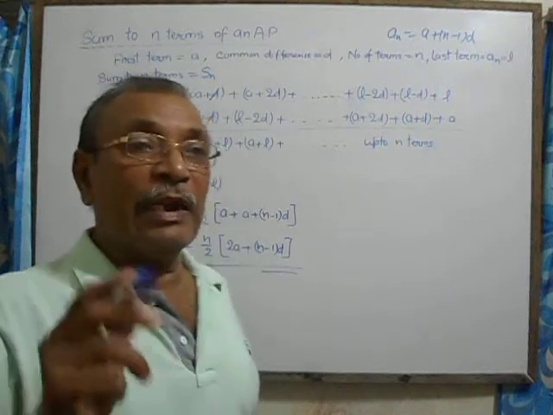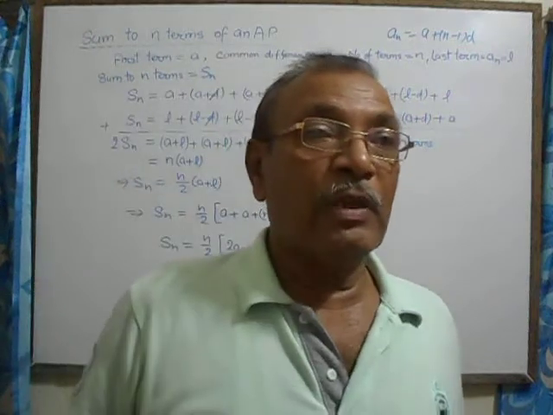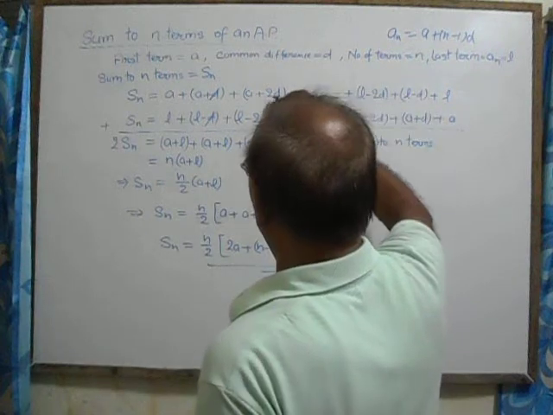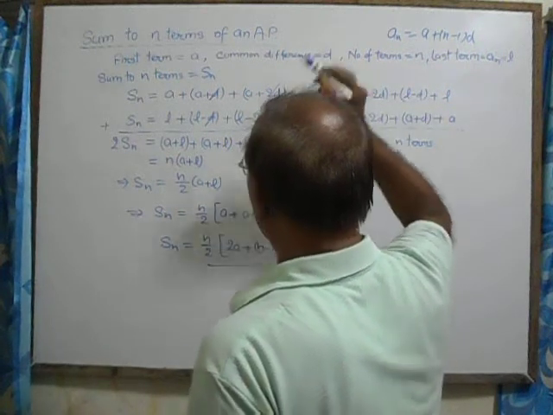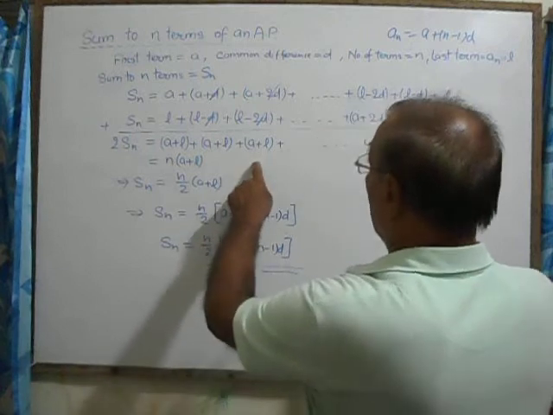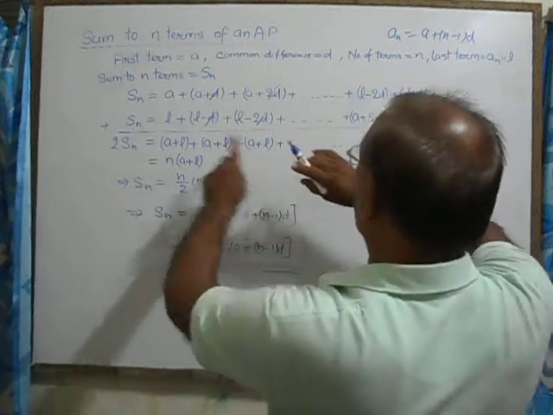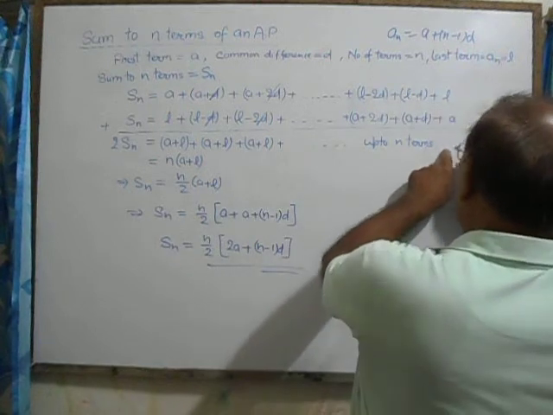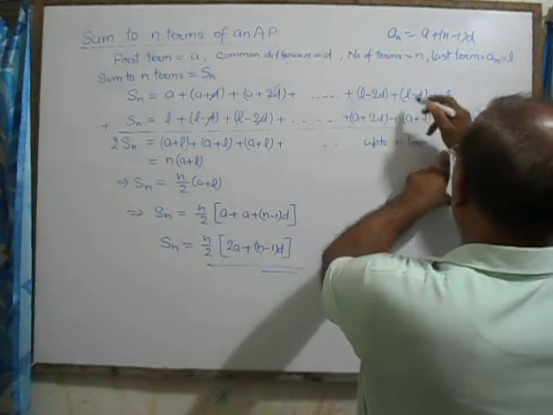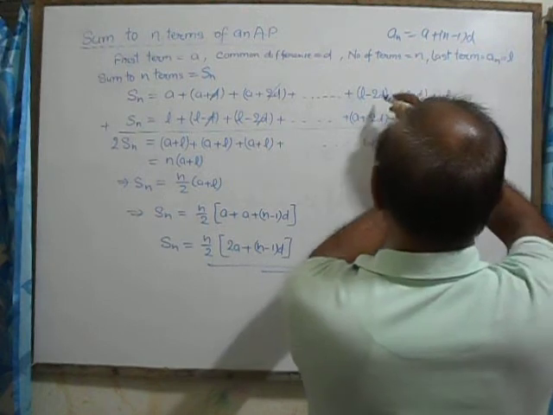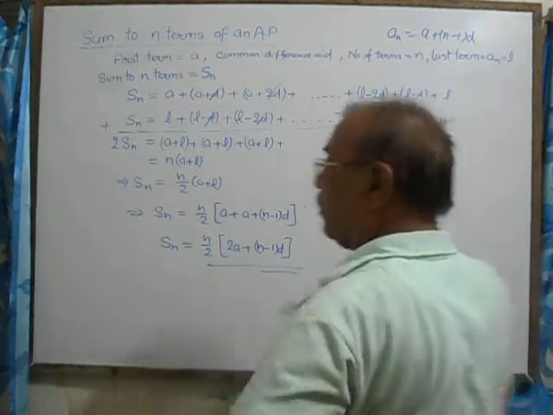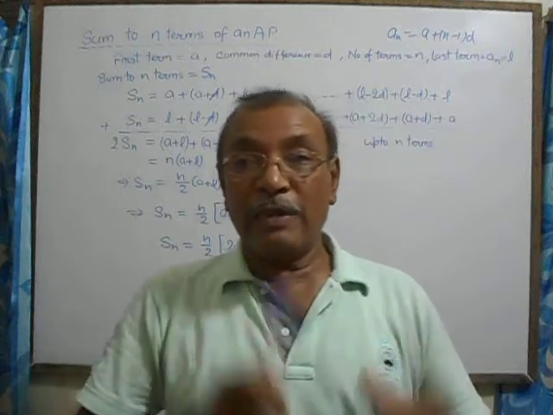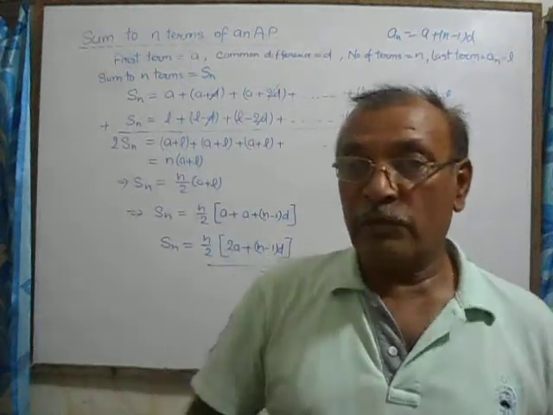You will again get a plus L. In the third term, 2d cancels, a plus L. Likewise, since it has n terms, we get a plus L up to n terms, so a plus L plus a plus L plus a plus L up to n terms.